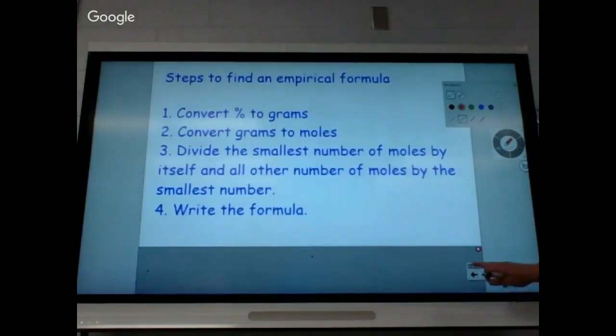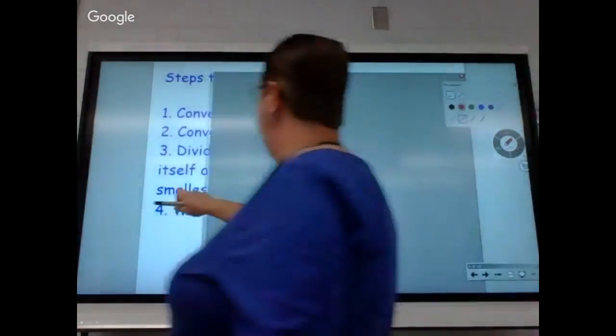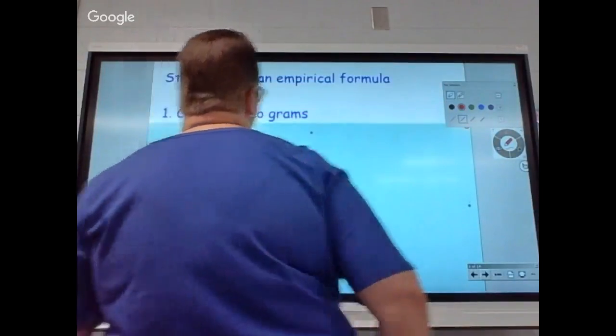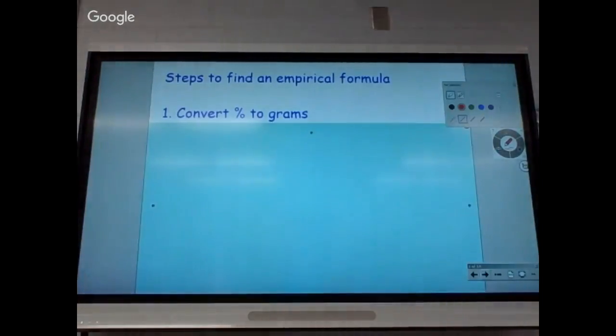So how are we going to do that? We're going to do this mathematically today. We're not going to use that oxidation sheet. We're going to do it using math. So the first step is going to be to change percent to grams.